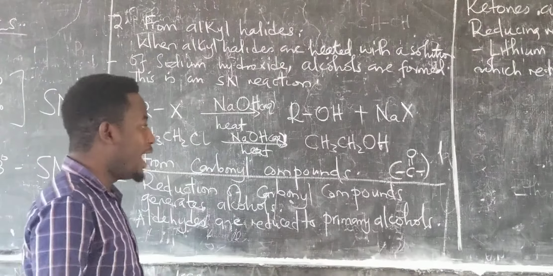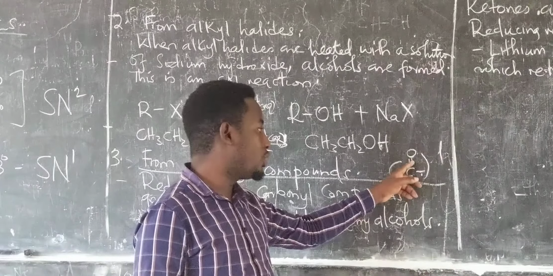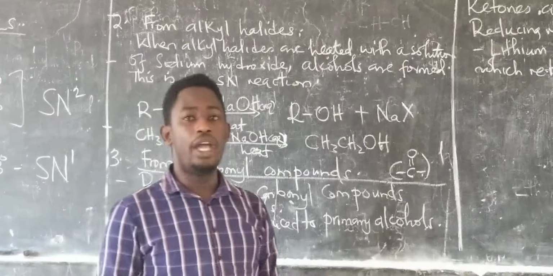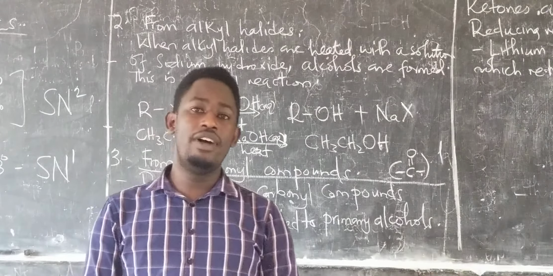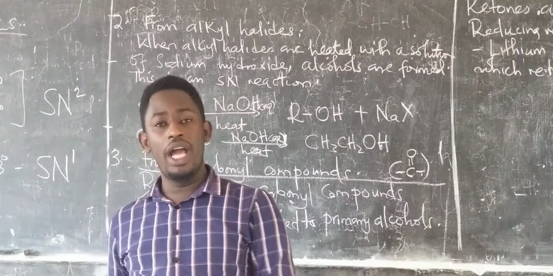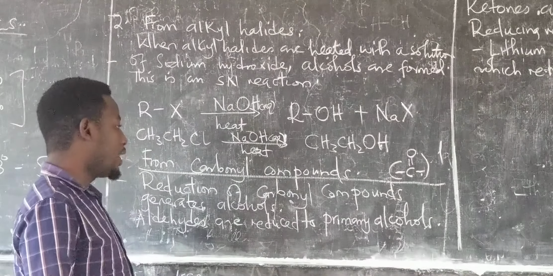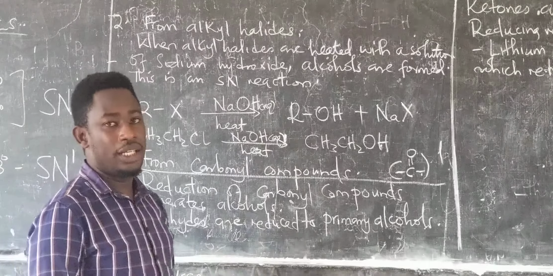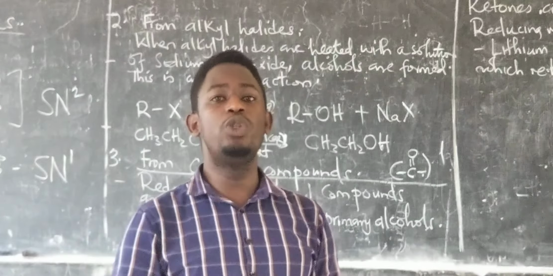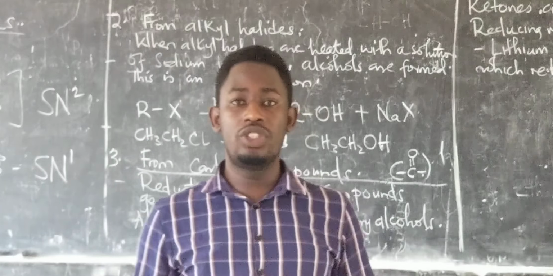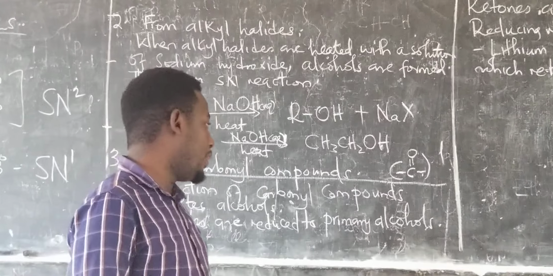So the moment I add hydrogen, I use one of these double bonds to create a bond between oxygen and hydrogen. I have successfully converted a carbonyl compound into an alcohol. And we are going to say that in organic chemistry we have many reducing agents, but the most common one is called lithium aluminium tetrahydride.